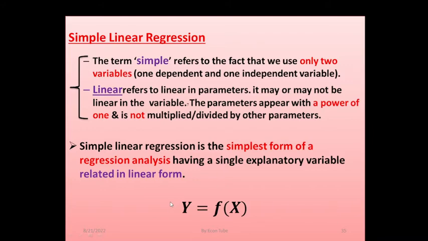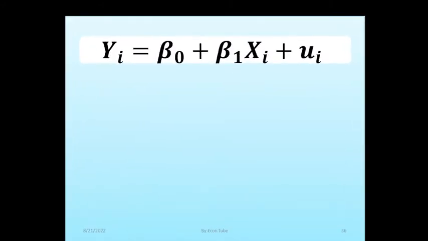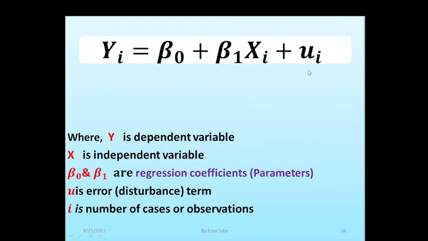That is, y is a function of f(x): yi = beta naught + beta 1 xi + ui. Here yi is the dependent variable observation, i is the observation, beta naught is the intercept, beta 1 is the slope of xi, and ui is the error term. Y is the dependent variable, x is independent, beta naught and beta 1 are regression coefficients or parameters, ui is the error term, and i indexes cases or observations.